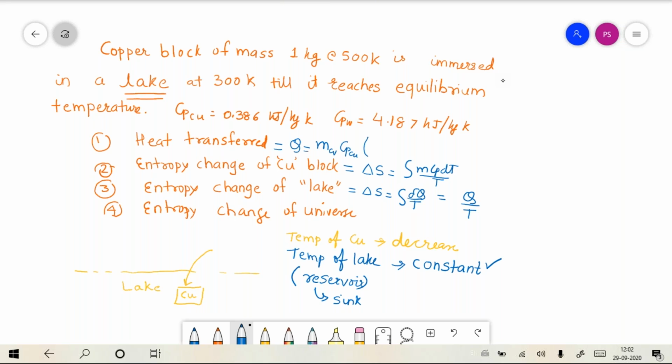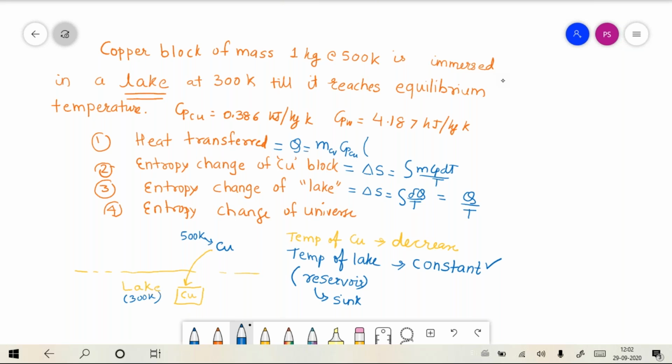And what would happen to the copper block? What would be the temperature of the copper block finally? The copper block was at a temperature of 500 Kelvin. The lake is at a temperature of 300 Kelvin.